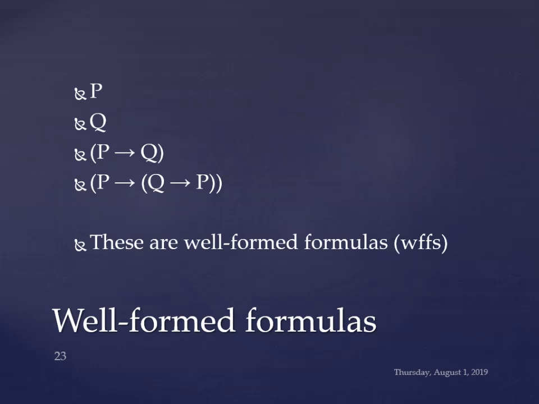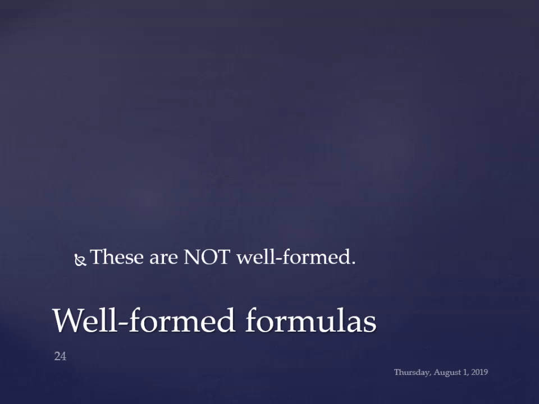Sometimes they're called WFFs for short. These are not well-formed, because it's not in the alphabet. Same problem here. Here we're missing brackets, and you cannot put two sentence letters together like so. That one also is not well-formed. We're missing a consequent, okay?